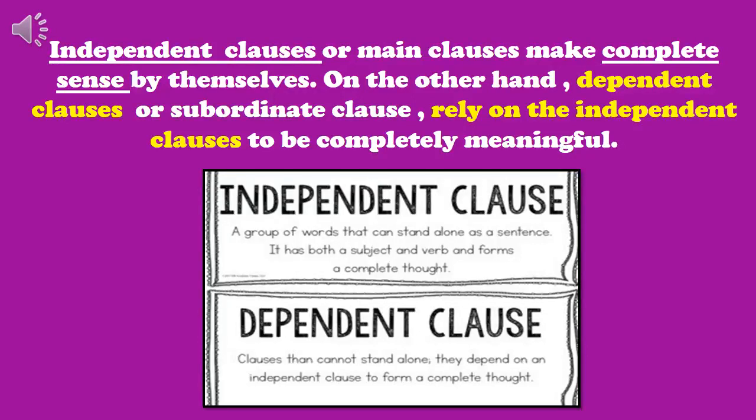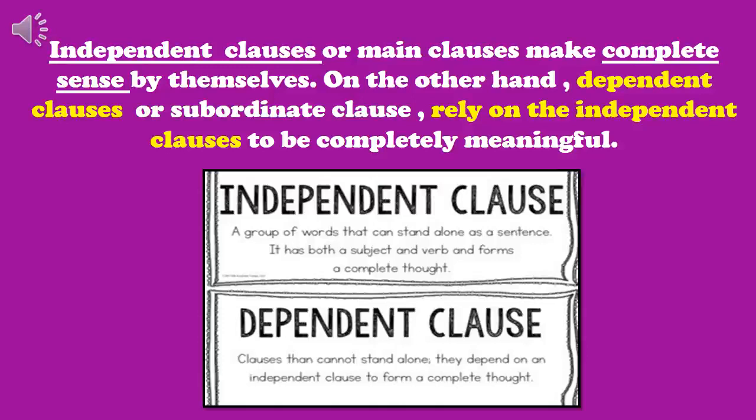On the other hand, dependent clauses or subordinate clauses, as they are called, rely or depend on the independent clause to be completely meaningful. So an independent clause, or a main clause as it is called, can stand alone and make complete sense on its own without any trouble at all.